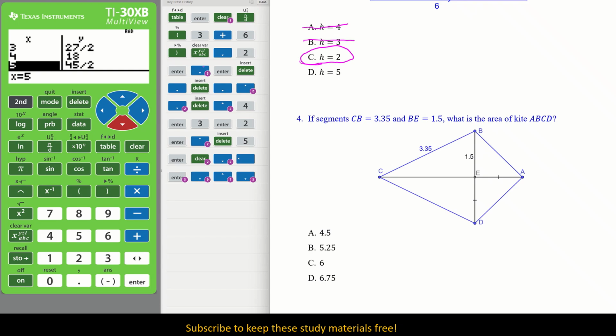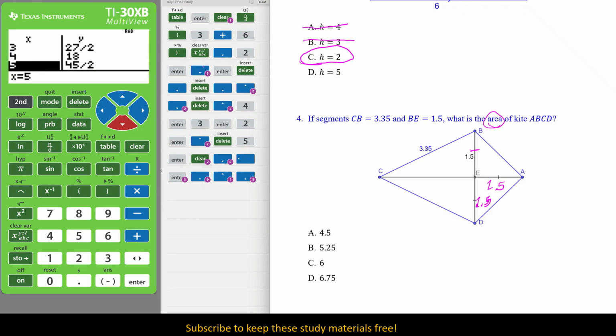So that means that these smaller legs are congruent. So we have 1.5 here and 1.5 here, which is going to be convenient for us.